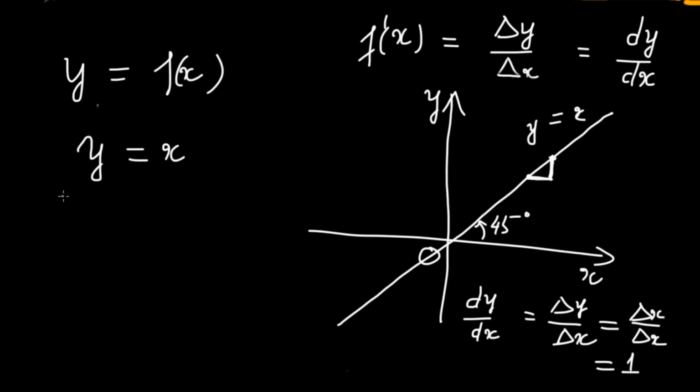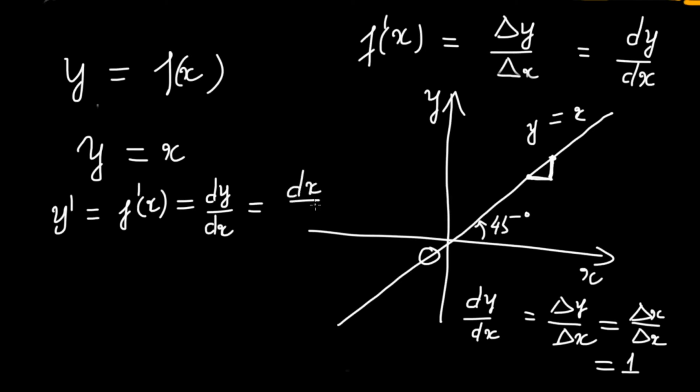So the derivative y prime equal f prime of x equal dy over dx equal dx over dx. You see, y equal x, so dy equal dx. And the result should be 1.